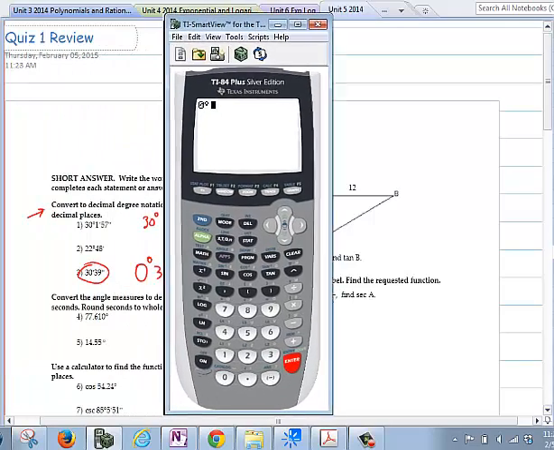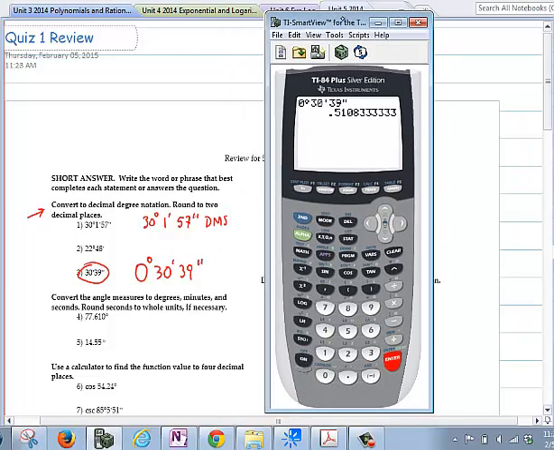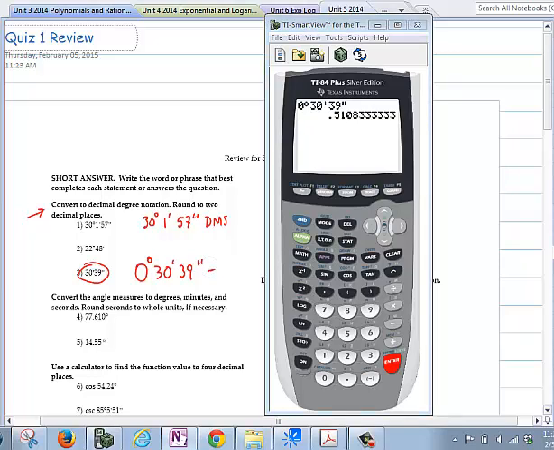We would then have to do 30 minutes, go to the angle button again, pick number 2, and then put in 39 seconds. So in this case, we're going to go to the alpha key, hit seconds, and when you hit enter, you will find out that you are at 0.510 degrees.